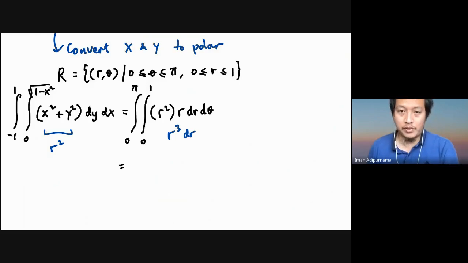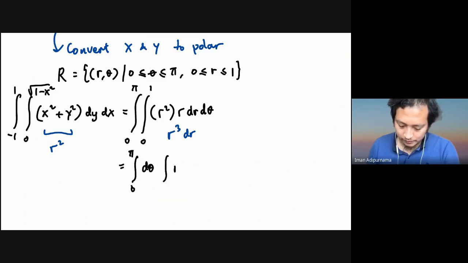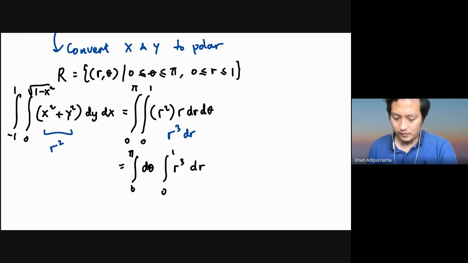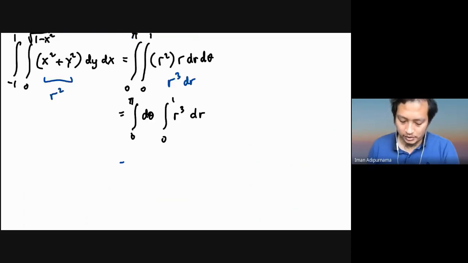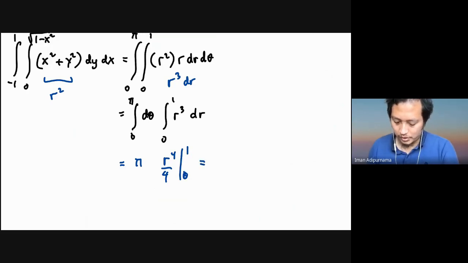Actually, you can separate the variables and write it like this. You can integrate this, it becomes pi, and this becomes r to the power of 4 over 4, and then you can multiply, it becomes pi over 4.